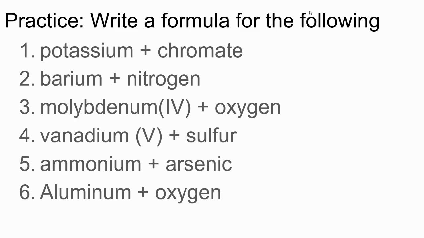Chromium is chromium when it's in it. Oh, chromium is a polyatomic ion. So do you have your list? So it's a Cr from below. Okay, so chromate would be this, and then that would be that. Right, okay, got it.